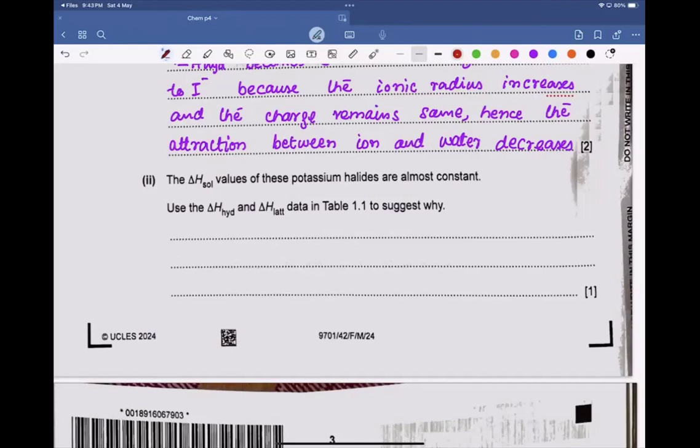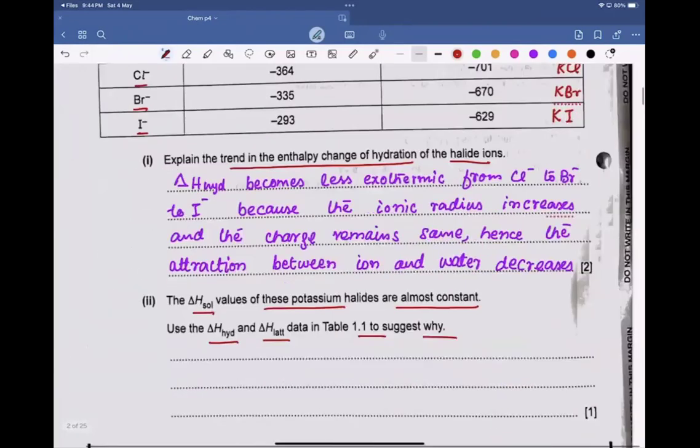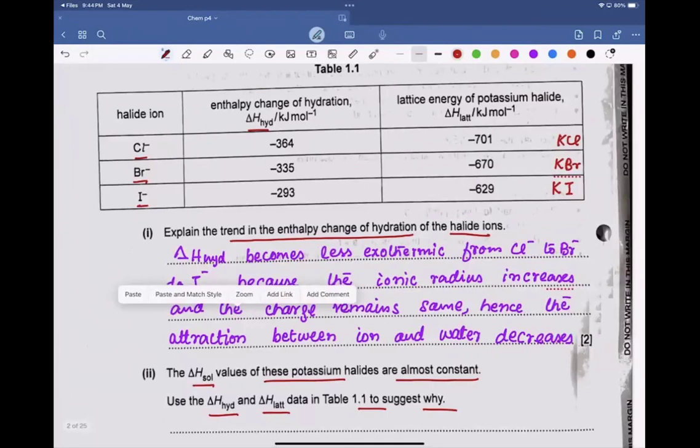Now, part 2. The enthalpy change of solution values of these potassium halides are almost constant. Use the enthalpy change of hydration and lattice energy in table 1.1 to suggest why. It's B part 2. Take the difference between these two. What is the difference you are getting? Tell me, please. 701 minus 364.